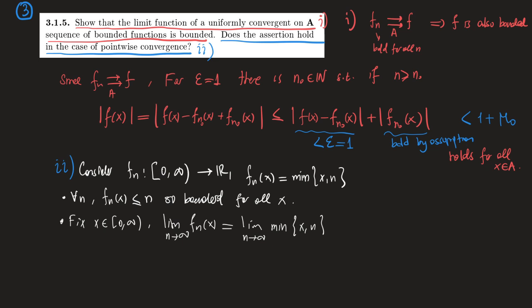So this pointwise limit will be x. Since it is true for every fixed x, I can conclude that the f_n's converge pointwise to x. But as you can see, this x is not bounded. So this is a counterexample: it does not hold for pointwise convergence.